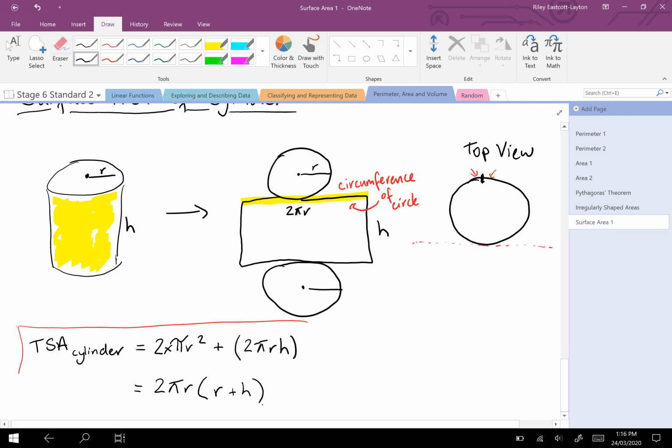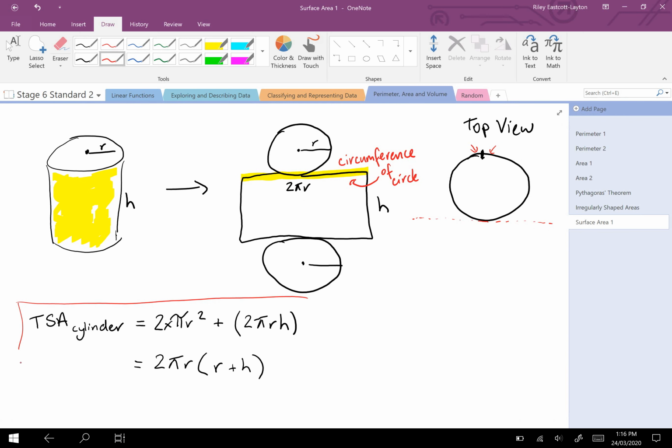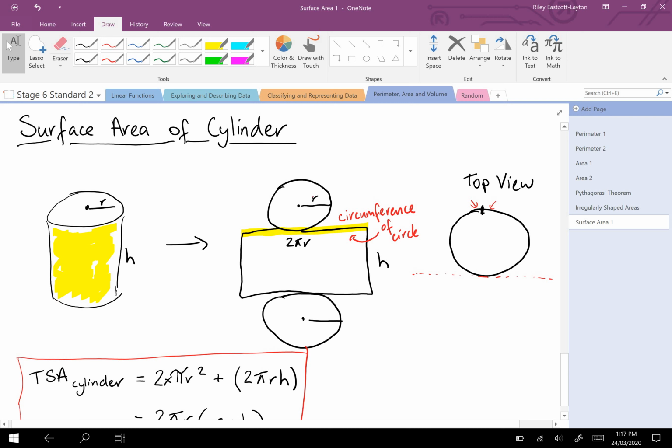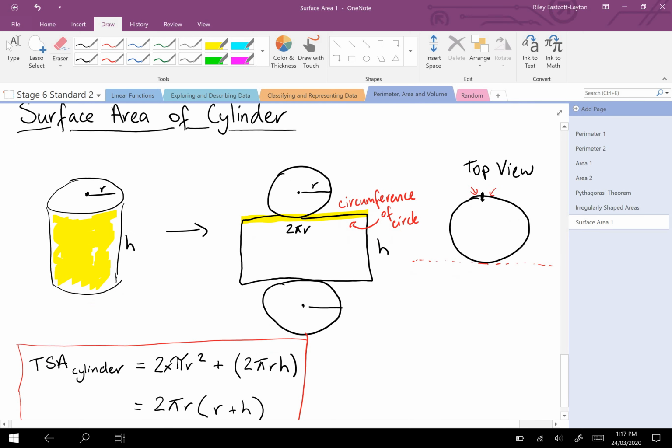Now, in my mind, if you can remember that top bit here, that's fine, but it's actually more important for you to be able to derive it yourself. And so you just have to think about it in terms of its net, like what we had just done here, where we broke it down into a circle, a rectangle, and another circle.